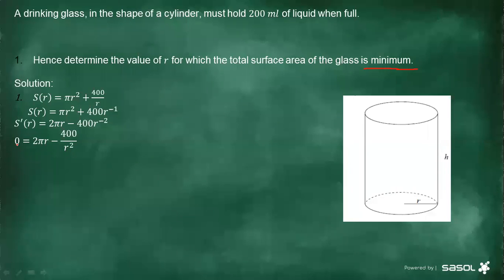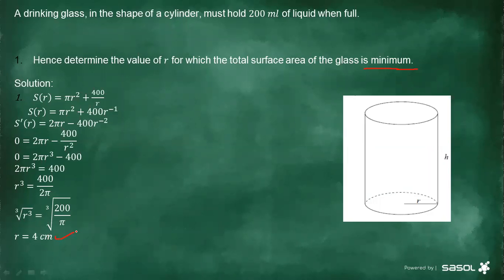So 0 times r squared is 0, and this one multiplied by r squared gives us 2 pi r cubed minus 400. To remove the exponent 3 we put the cube root on both sides. Then the answer is r equals 4 centimeters. So that is the value of r for which the total surface area of the glass is minimum.